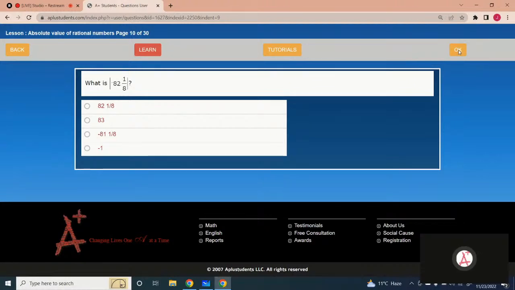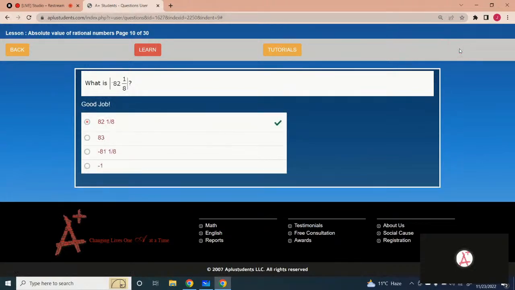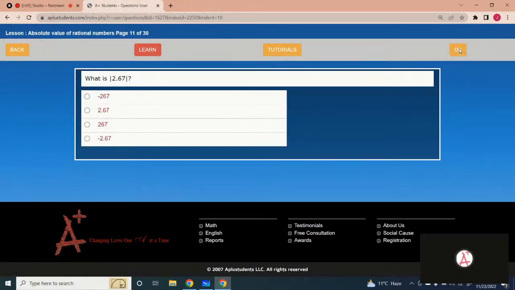Okay, what is negative 82 whole 1 over 8? It would be a positive number. Got it? 82 whole 1 over 8. So just select the correct option and click on the OK button. Okay, the next one is, what is the absolute value of 2.67?